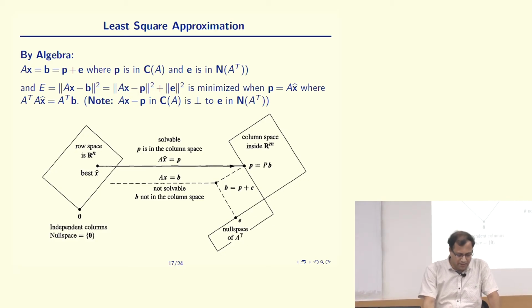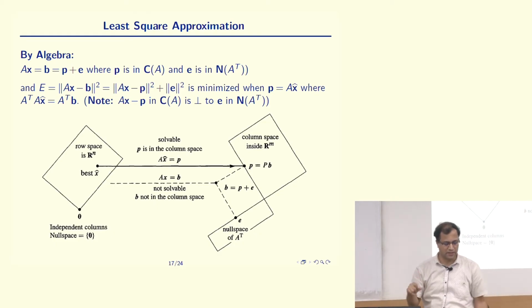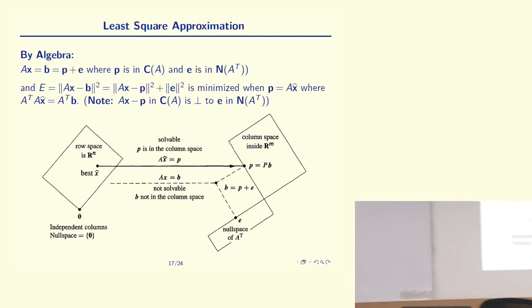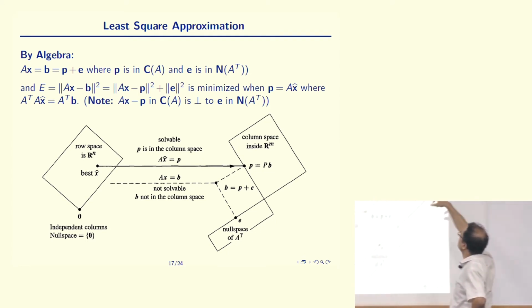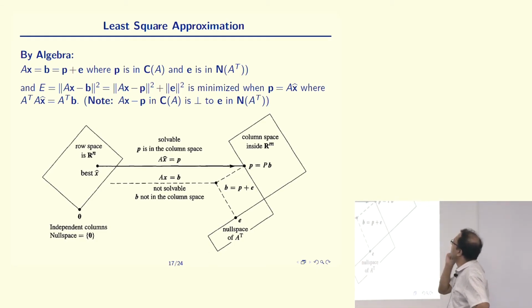So you can check algebraically. This is the algebraic way. You just split the vector B into P plus E. P is the projection vector and E is the error vector. And then you show that we try to minimize this capital E over here. This is minimized when P is Ax cap. Why is that?